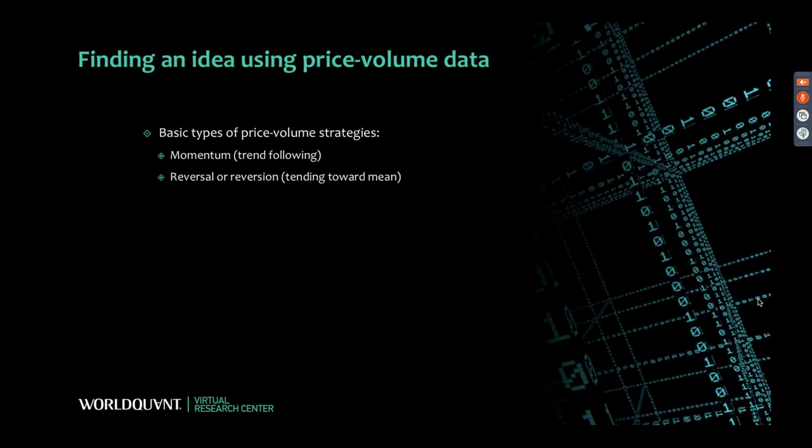Momentum is basically trying to capture the trend of a stock price, which is likely to continue, and in reversion, you try to do the opposite of the recent trend, because you think the price will go back to its average price. So let's take a look at an example on mean reversion.